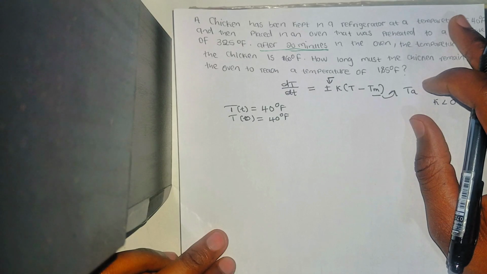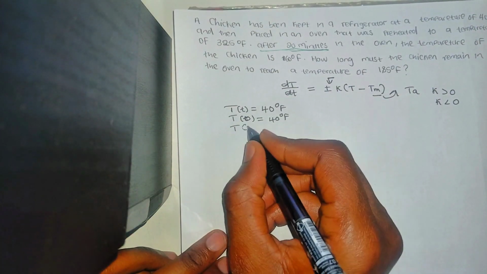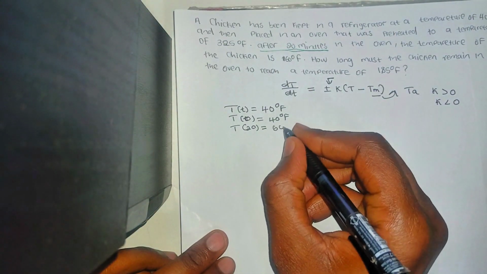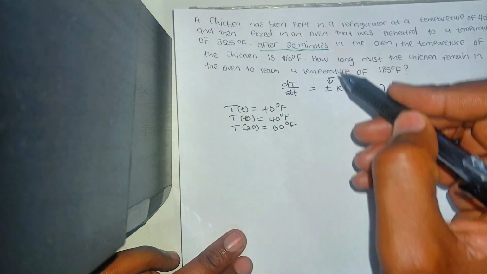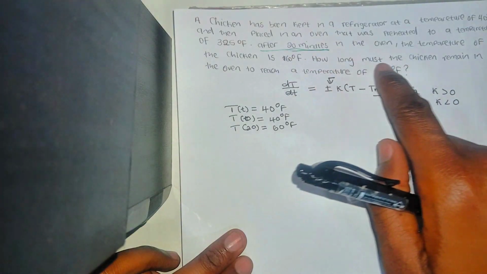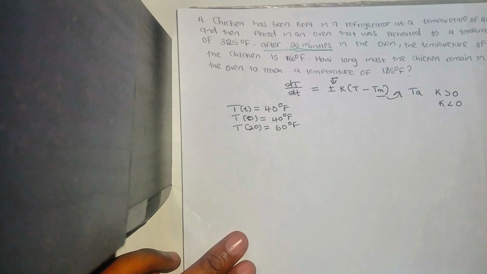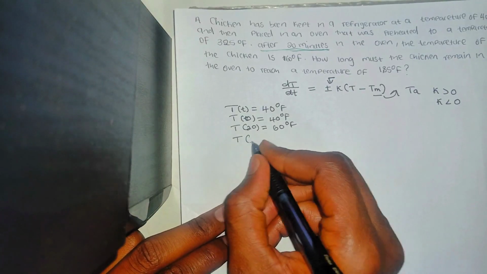At the initial point, our temperature is 40 degrees, right? After 20 minutes, because after 20 minutes in the oven the temperature of the chicken is 60 degrees Fahrenheit, right? Now, how long must the chicken remain in the oven to reach the temperature of 185 degrees, right? So we need to find the time, or how long the chicken needs to remain in the oven.